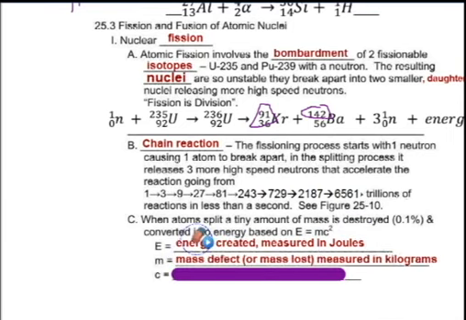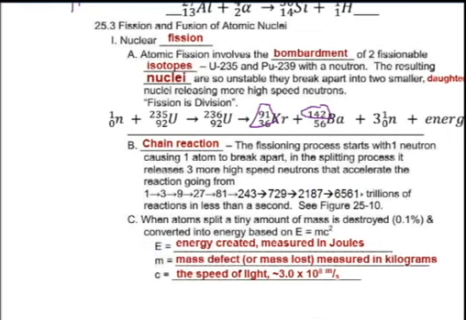M is the mass defect, or the mass lost, measured in kilograms. And C is the speed of light, which is about 3 times 10 to the 8th meters per second. Well, if you square C, that makes about 10 to the 16th, and that becomes a really big number really fast. So even if the amount of mass is really small, the energy is huge.